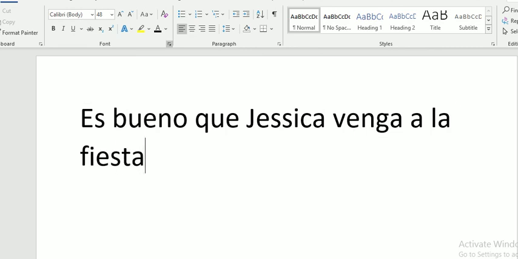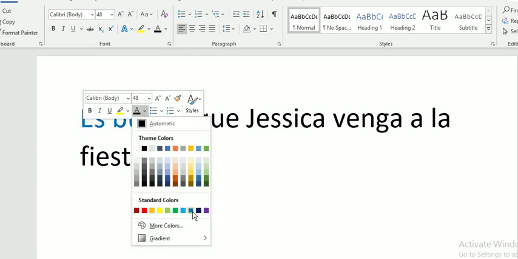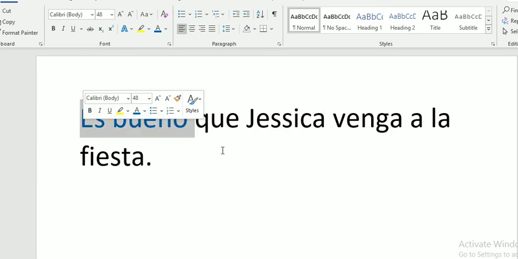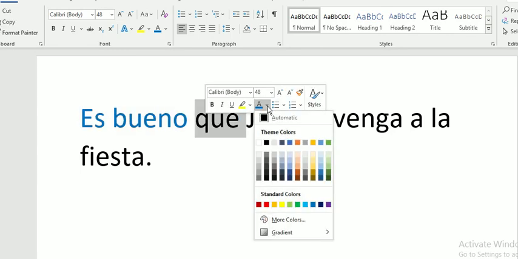This sentence right here. Es bueno que Jessica venga a la fiesta. It's good that Jessica is coming to the party. Alright. Once again, we have our main clause. We have que as a bridge to our subject and clause change.